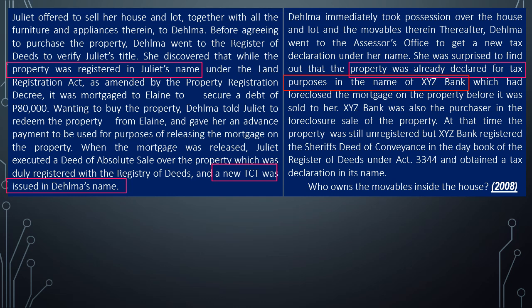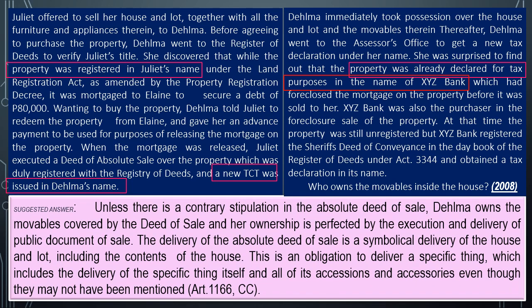So here, Juliet, in this problem, that is not the case. Opposite pa nga, because Juliet in this problem offered not only to sell her house and lot, but she also offered to sell her furniture and appliances. That is the reason why the owner of the movables is Delma. So this is also the answer of the UP Law Center.